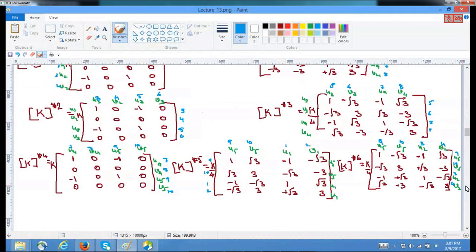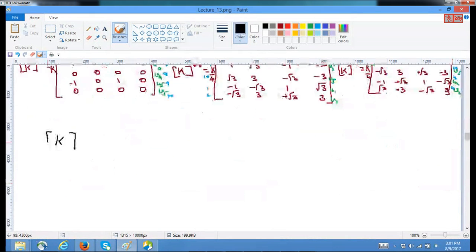So now I want to write a global stiffness matrix. The global stiffness matrix would be something like this: K global is equal to, with respect to the degrees of freedom. The first degree of freedom, second, third, fourth, fifth, sixth, seventh, eighth, ninth, and 10th degrees of freedom.